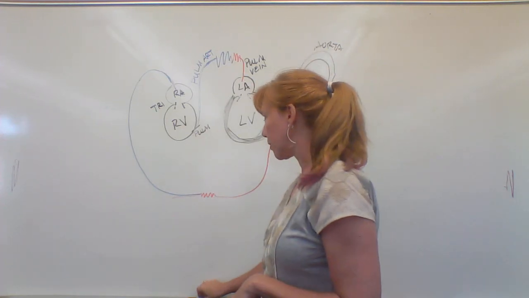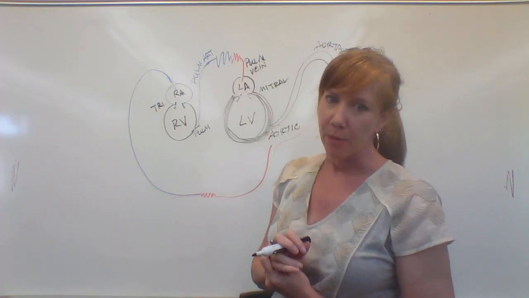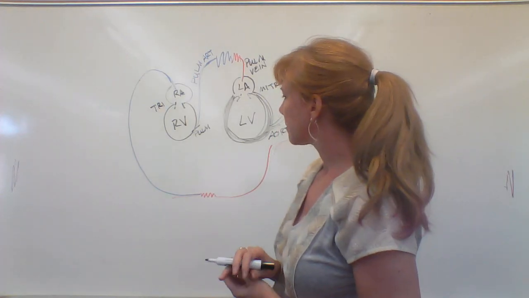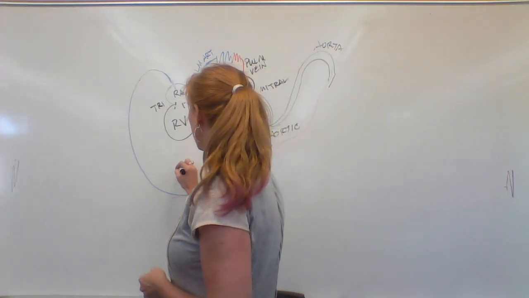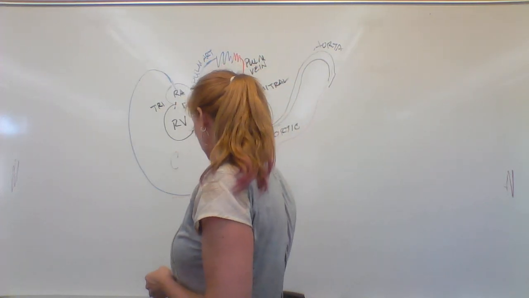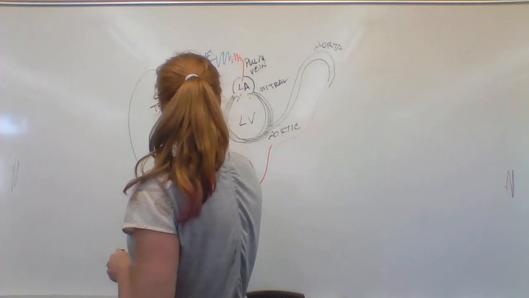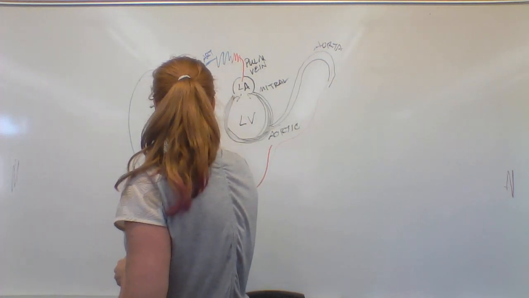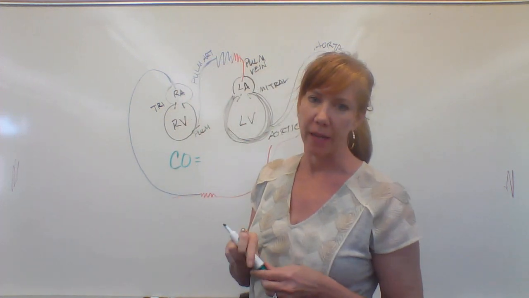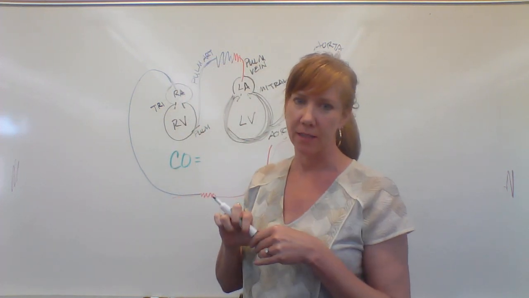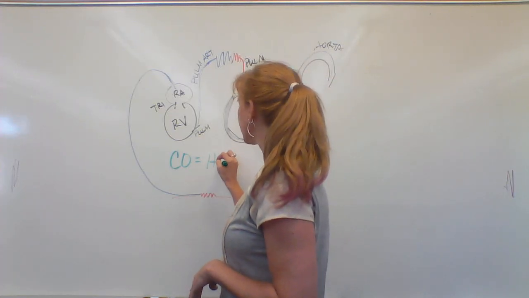So do you guys remember the formula for cardiac output? It's basically your, let me get a green one. Your something times your something. Do you remember what it is? It is your heart rate.